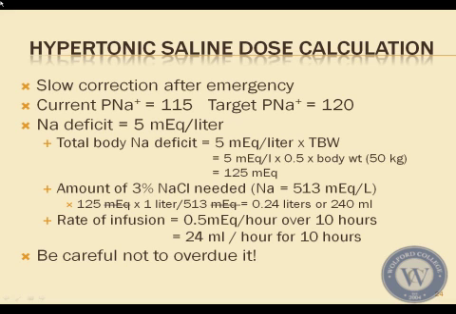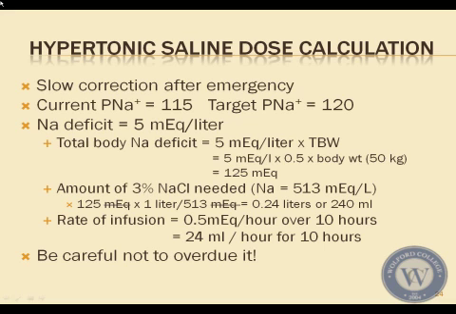If you look at the sodium deficit, which is around 5 milliequivalents per liter, and you look at the total body sodium deficit, remember, your total body water in these individuals, and say we're using a 50 kilogram patient: 5 milliequivalents per liter times 0.5 total body weight, this is for a woman, times 50 kilograms is 125 milliequivalents. So basically you want to replace 125 milliequivalents.